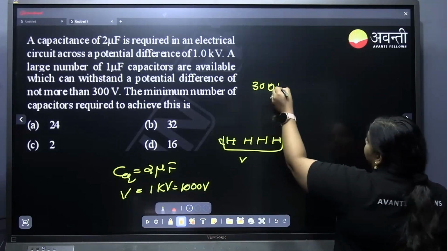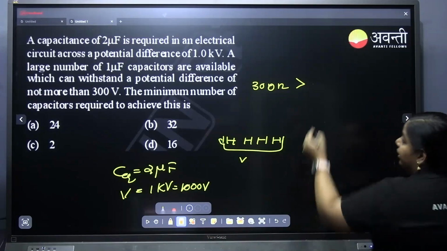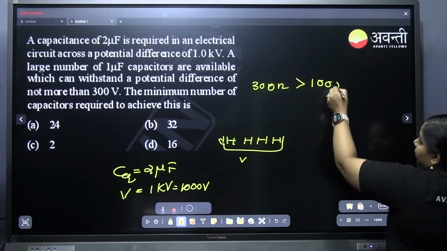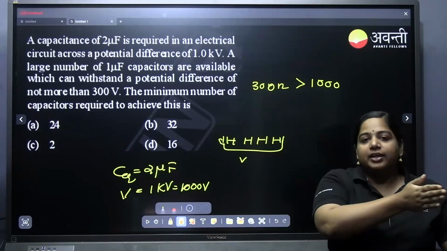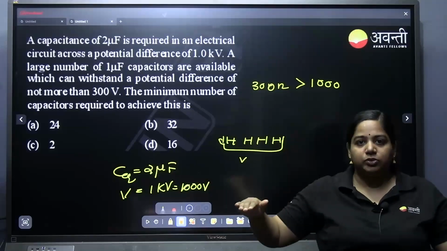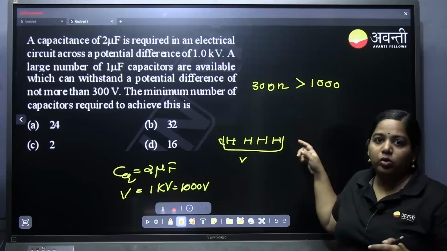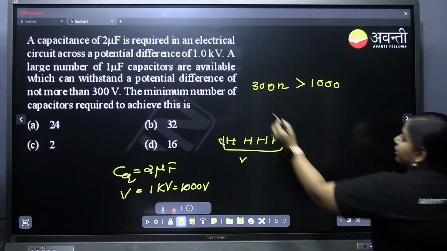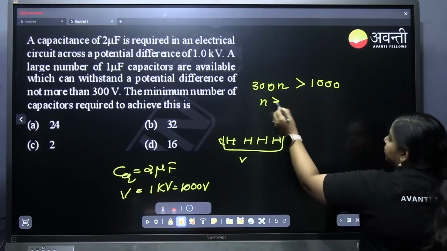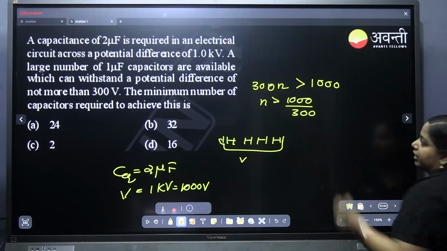So n into 300 should be greater than 1000. Okay, n capacitors we can connect in series, it will split the 1000 volt. So n into 300, number of capacitors in one row, should be greater than 1000 divided by 300.